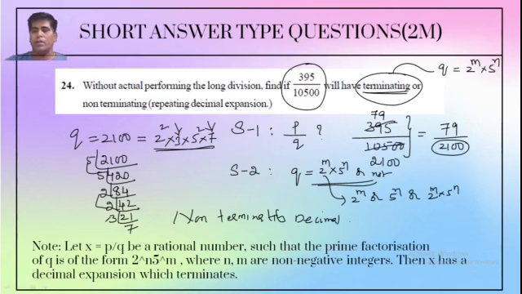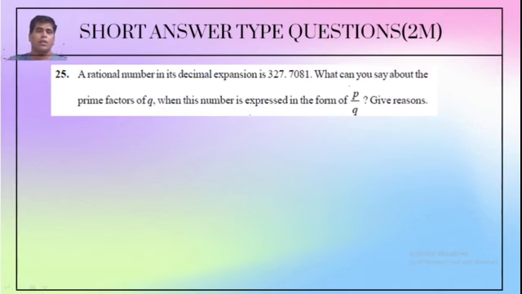I hope it is clear to everyone. Next question. A rational number in its decimal expansion is 327.7081. What can you say about the prime factors of q when this number is expressed in the form of p by q?